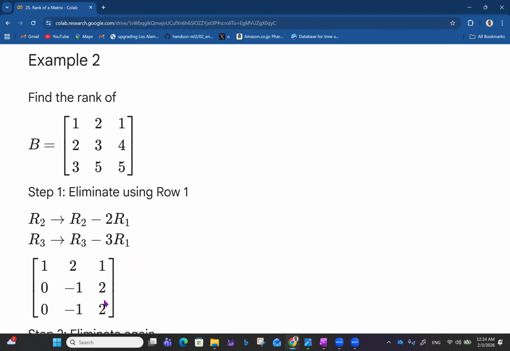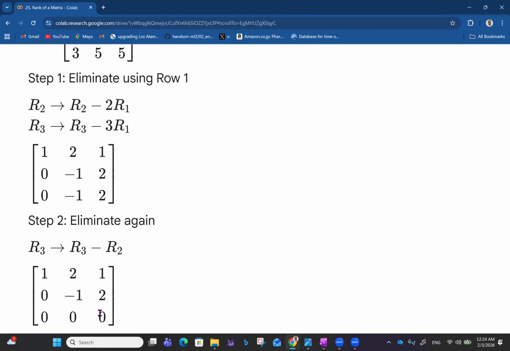Then coming down here, 3 minus 3 times 1, that's 0. 5 minus 3 times 2, that's 5 minus 6, minus 1 also. Then 5 minus 3 times 1, that's 5 minus 3, which is 2 down here.